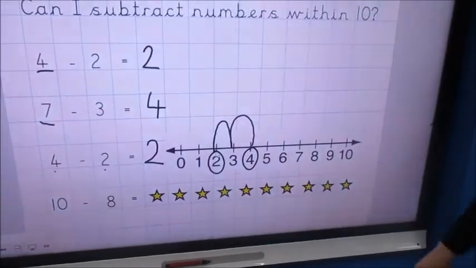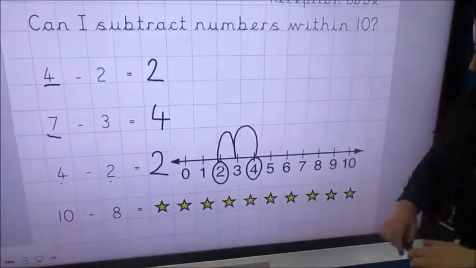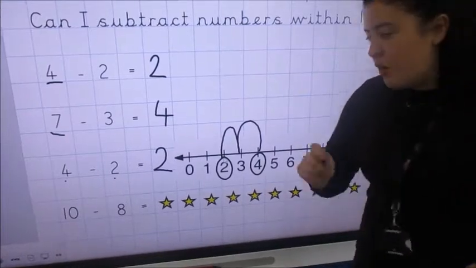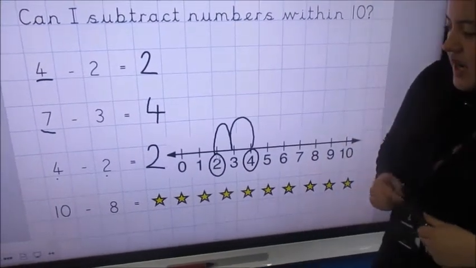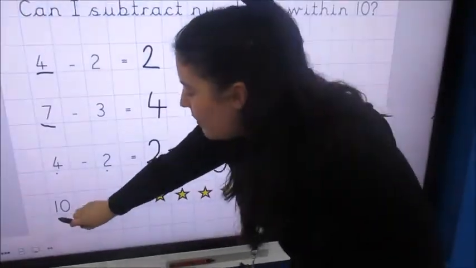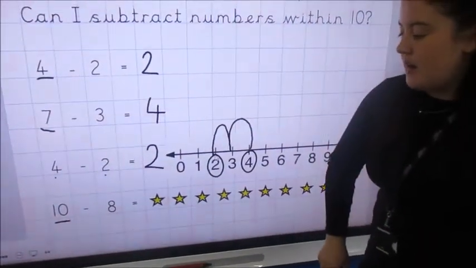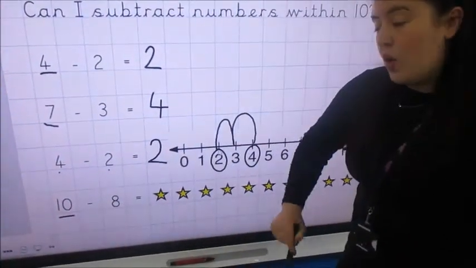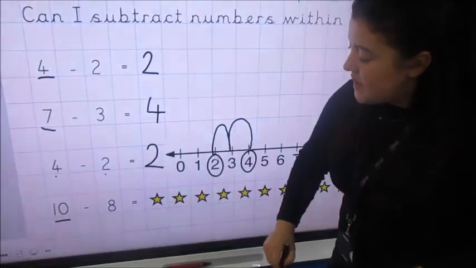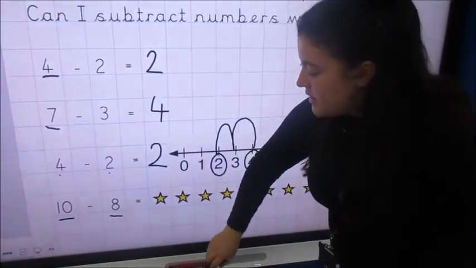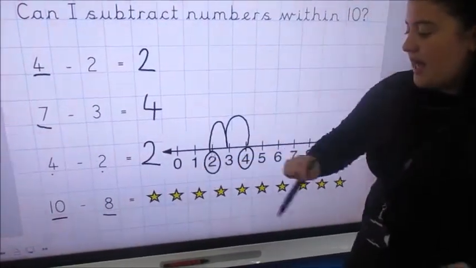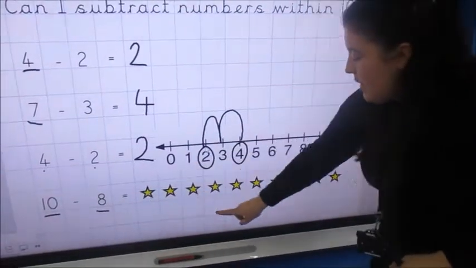And moving on to our last question, we've got some pictures and we're going to do crossing out, just like you did yesterday. We're starting with a very big number, number 10. We're going to take away, or we can say subtract, they mean the same, 8. So 10, take away 8. So we need to see how many we've got.